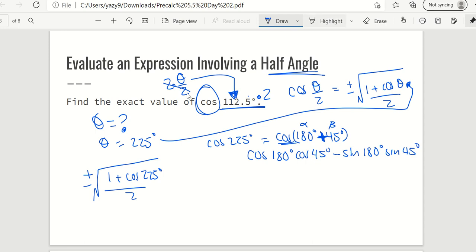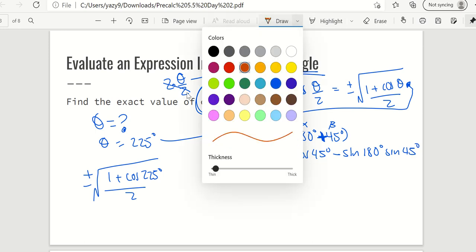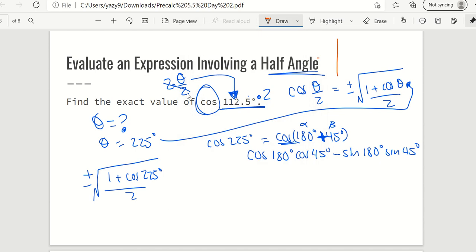I can deal with 180 degrees and 45 degrees because those are easy. 180 degrees is right here, and it's negative 1, 0. So your cosine is negative 1, your sine is 0. And 45 degrees is right here. 45 degrees is our 1, 1, radical 2.